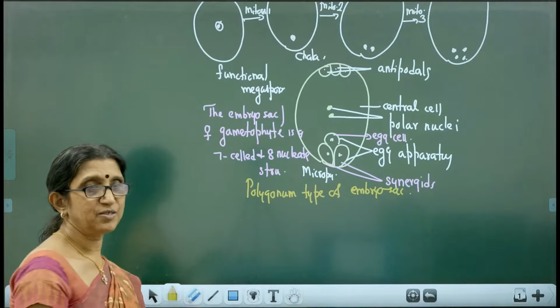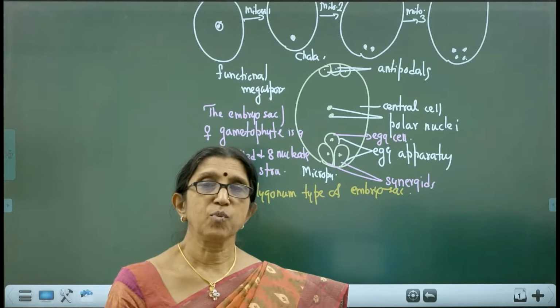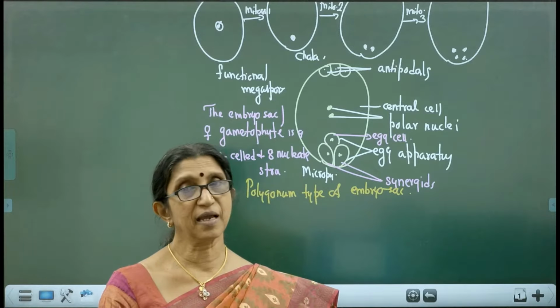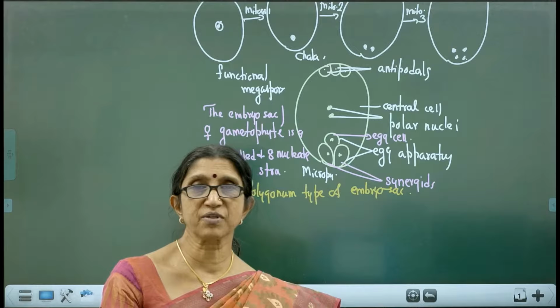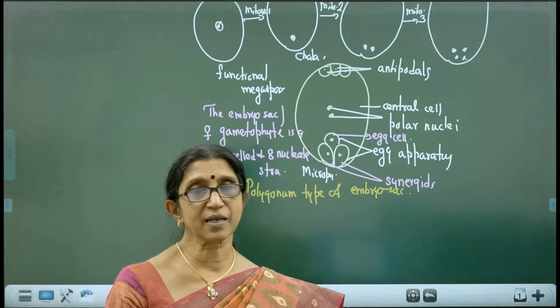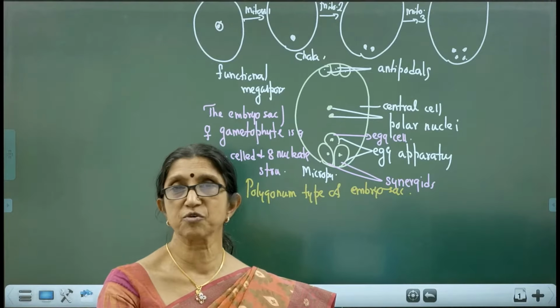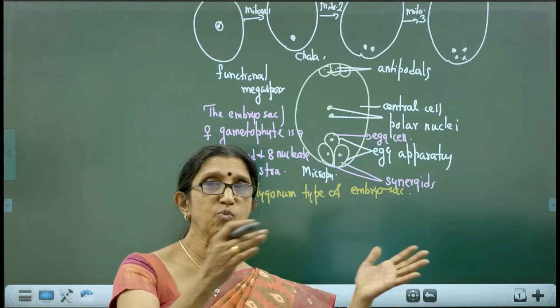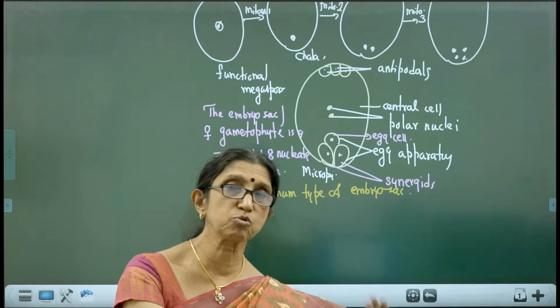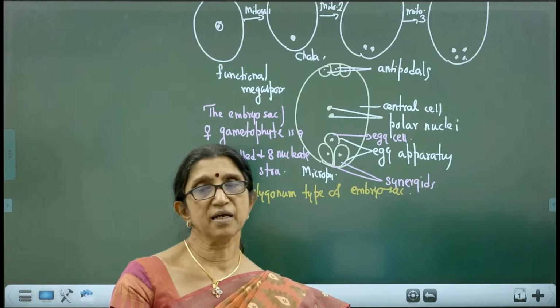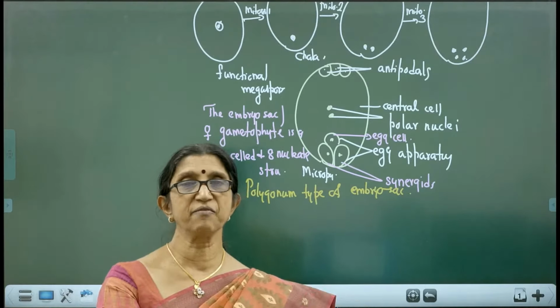So we have completed both microsporogenesis and megasporogenesis. You have already studied the structure of the mature pollen grain and the female gametophyte or embryo sac. On one side we can see the release of pollen grains either in the 2-celled or 3-celled stage, and on the other side the ovary is having an ovule.